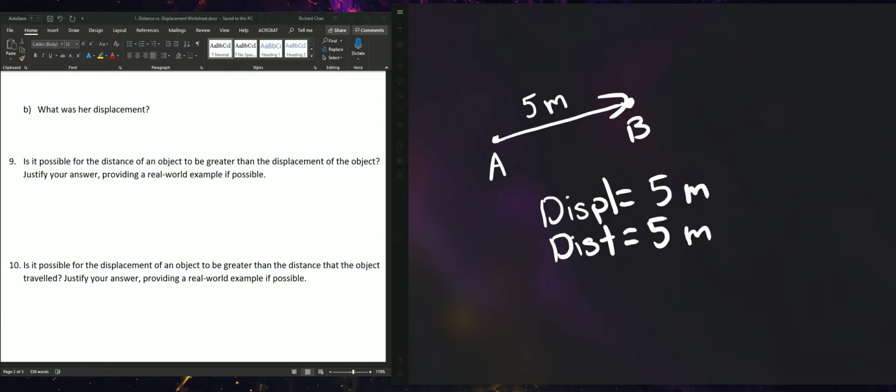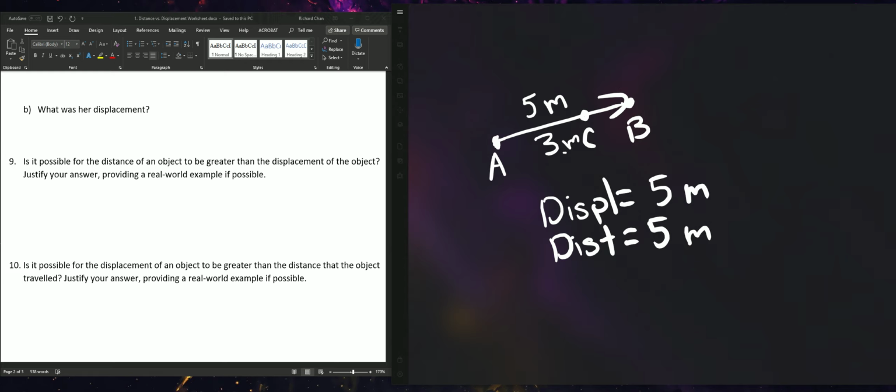If I try to make it shorter, now I want to know point A to point C. Let's say this is 3 meters, well, that just means my displacement from point A to point C was 3 meters. And my distance, if I just travel from point A to point C, would also be 3 meters.